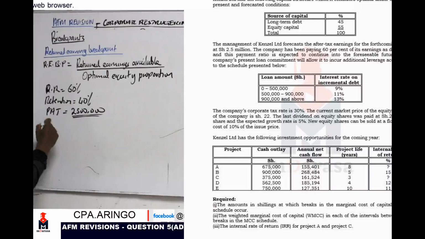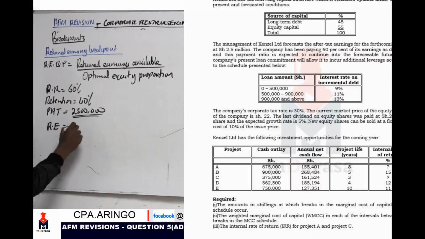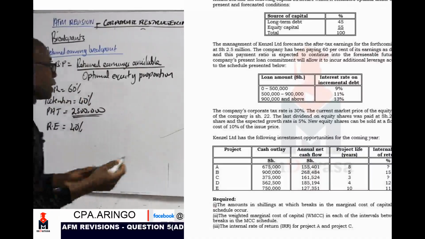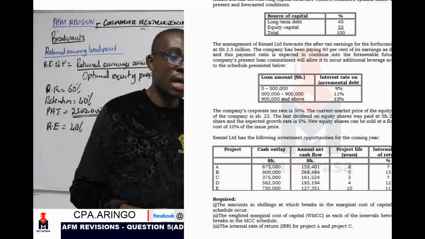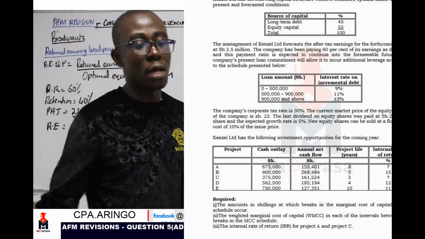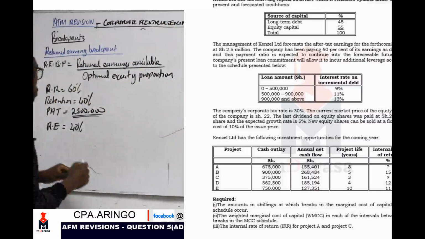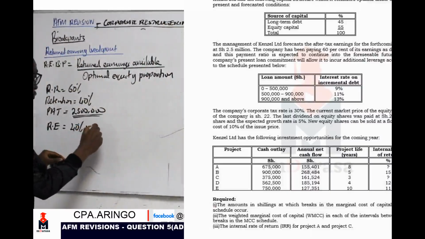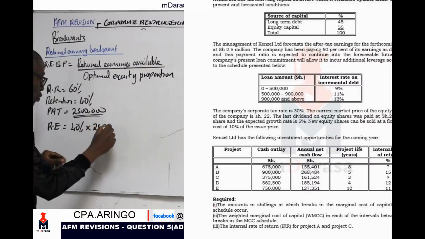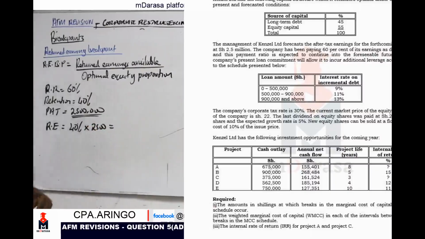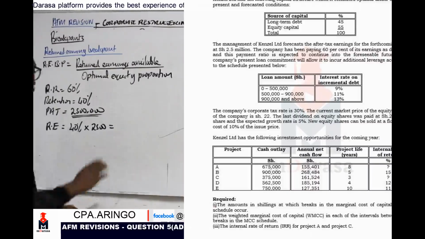Therefore, my retained earnings will be as simple as taking my 40%. Our payout ratio is 60%, so out of whatever I have, I'll pay 60% as dividends, meaning we retain 40% of 2.5 million. All the other figures were not in thousands, so you can take it in full.